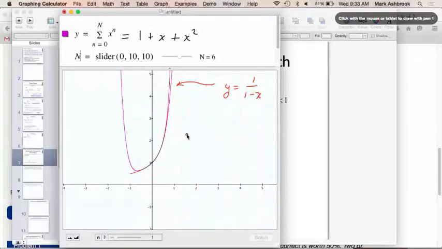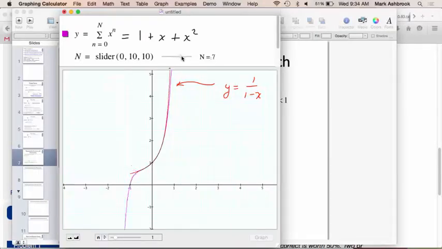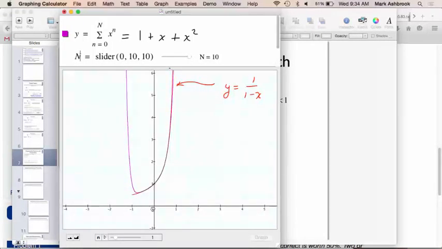It's almost right on top of it, doing a really good job for most of the interval. Okay, so this is adding up to x to the 7th, x to the 8th, x to the 9th. So just the first 11 terms does a really good job of estimating the actual graph of 1 over 1 minus x.